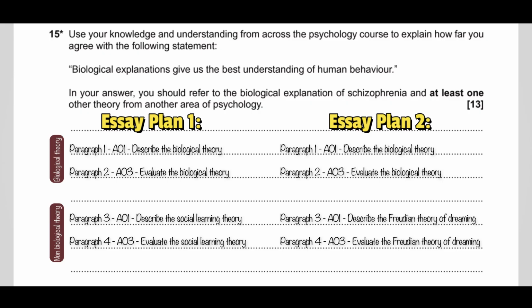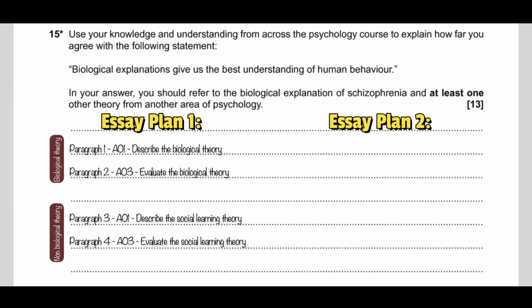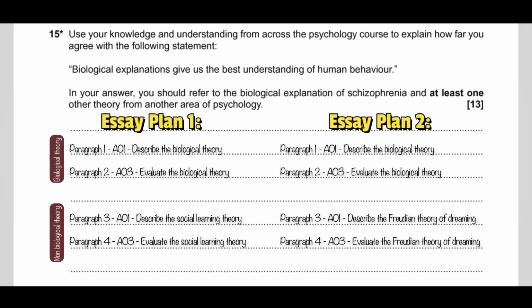And then the AO3 would focus on the fact that because the Freudian theory does not look at biology, it is way more subjective. I think we can all agree that the Freudian theory is pretty weird at the best of times, and it isn't very scientific at all. That makes it a very limited explanation. It's nowhere near as scientific or provable as a biological explanation is.